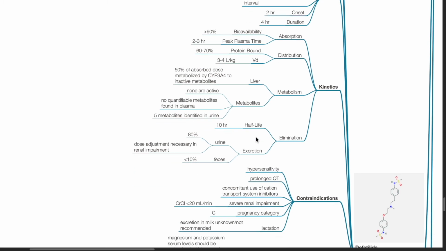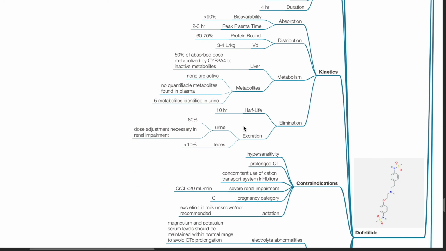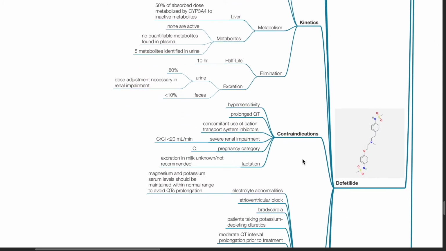Half-life is 10 hours, 80% is excreted in the urine, dose adjustment is necessary in renal impairment, and less than 10% is excreted in the feces. Dofetilide is contraindicated in hypersensitivity, prolonged QT, concomitant use of cation transport system inhibitors, severe renal impairment, pregnancy and lactation.